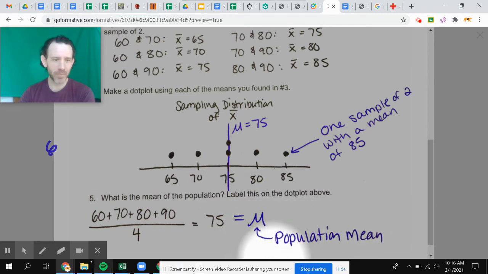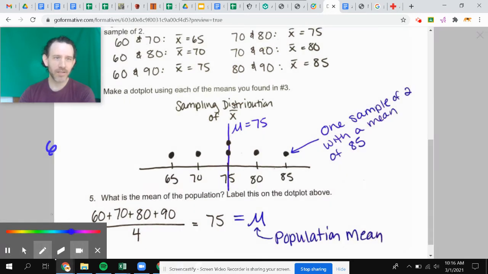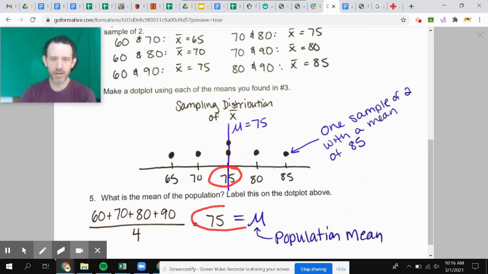Okay, when that happens, class, if you do the sampling distribution in a good way, you would now have what's called an unbiased estimator, because my sampling distribution average, which came out to 75, ended up being the exact same as my population average.